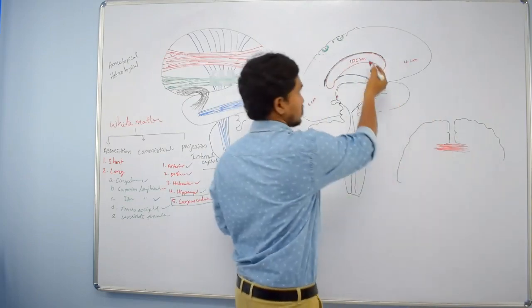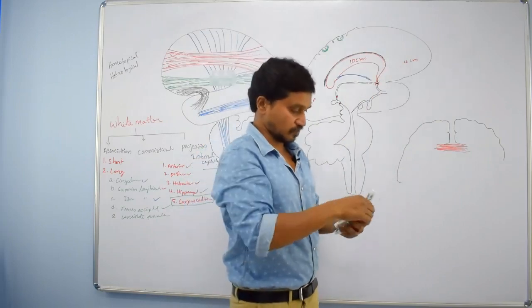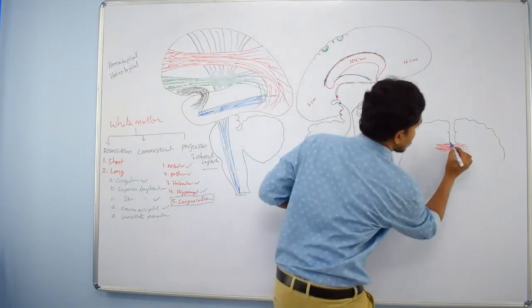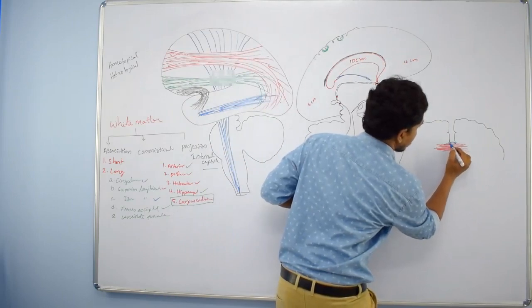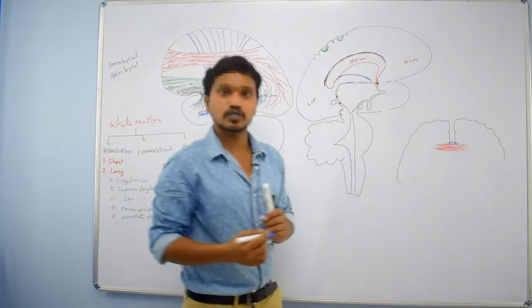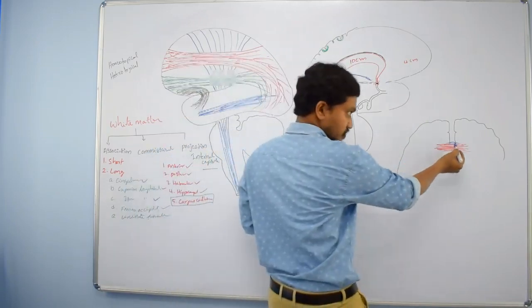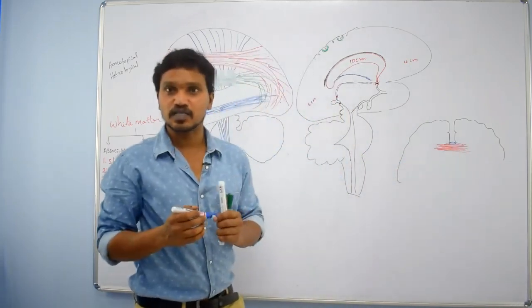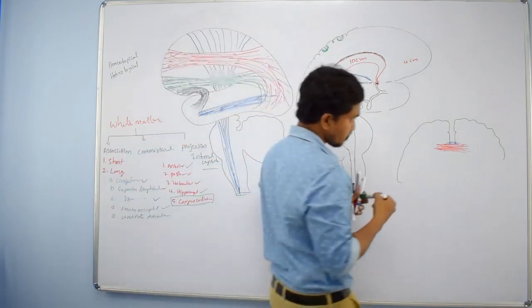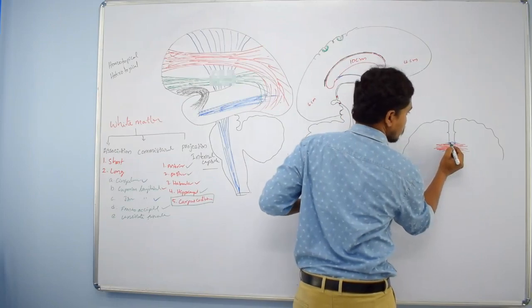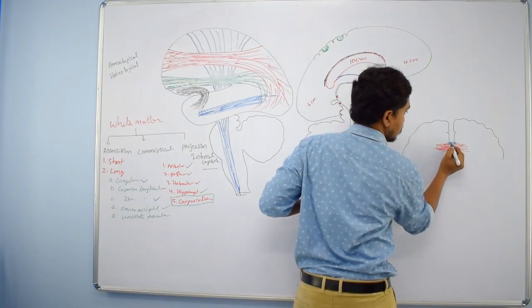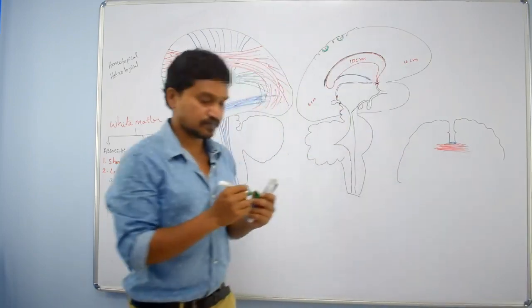Above the corpus callosum is the indusium griseum. This is the grey matter. Within the substance of this grey matter, you can find two bands on either side, medial and lateral longitudinal stria. These are stria.